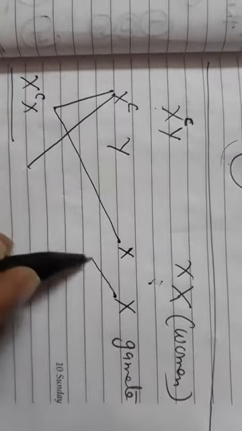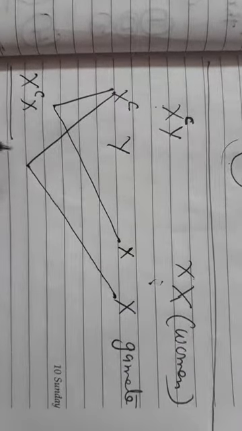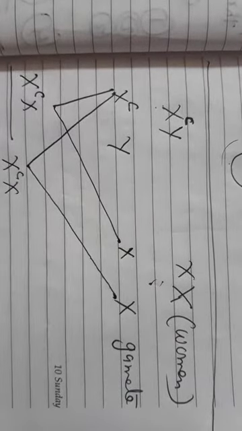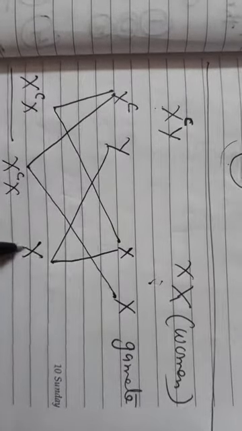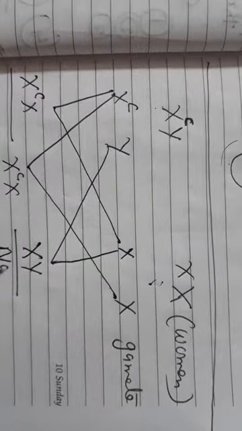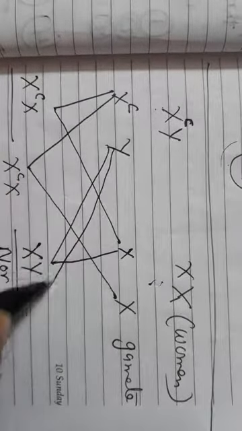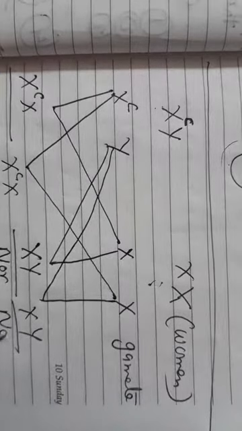Again this girl is a carrier. Now with this gamete, XY: this one is a normal child, and here again XY, so this is also a normal child.